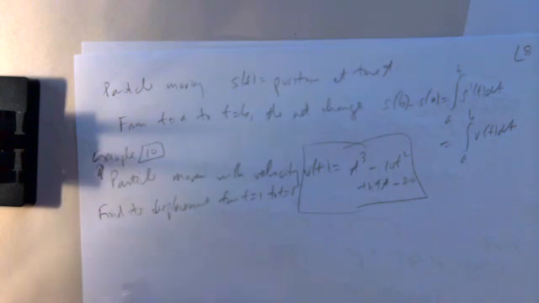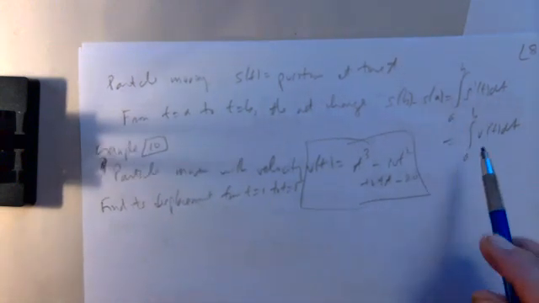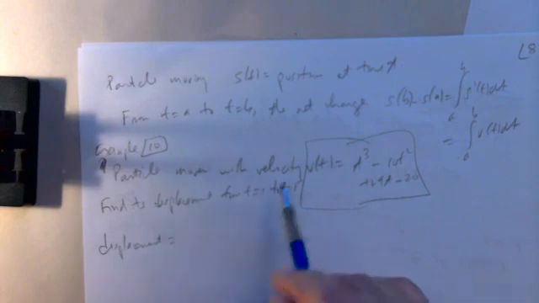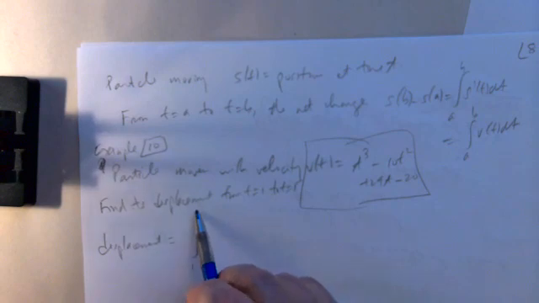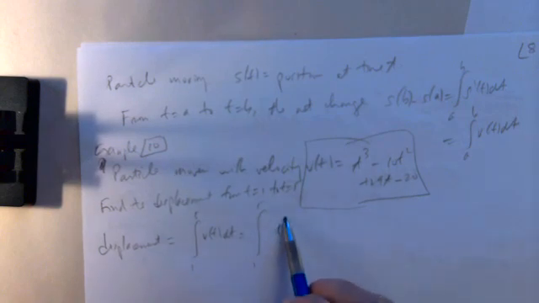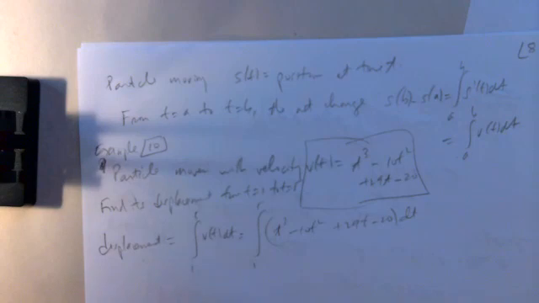So the displacement, the net change in position, is the integral of the velocity. So the displacement, the difference between its position at time 5 and its position at time 1, is the integral from 1 to 5 of the velocity. That's the integral from 1 to 5 of t cubed minus 10t squared plus 29t minus 20 dt.